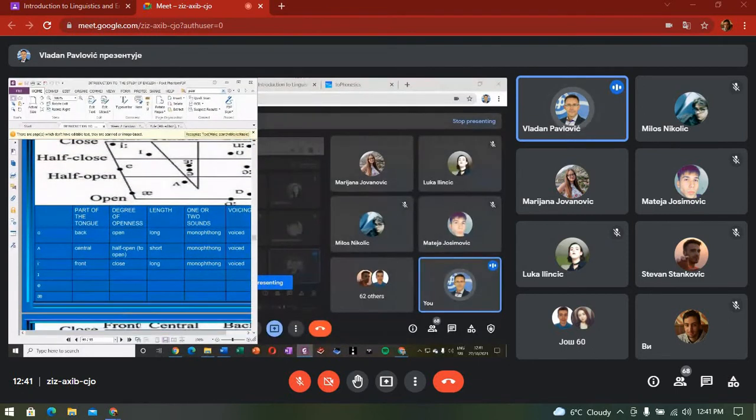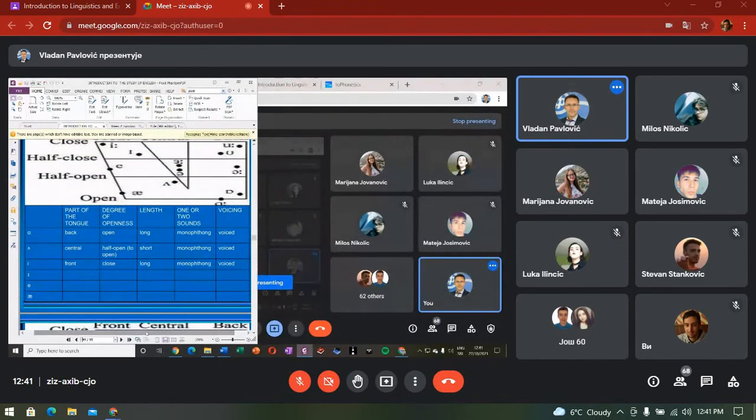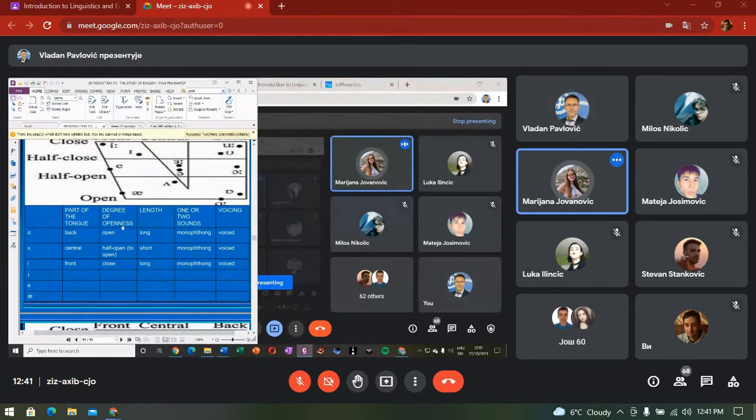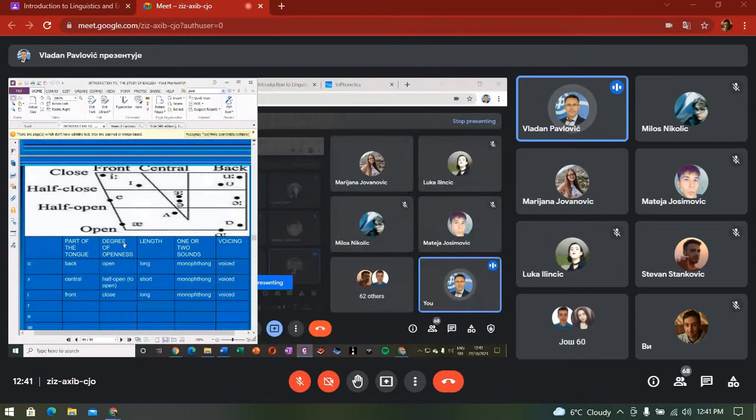It's all here in the slide, so I'm using this to help you. Also degree of openness of the mouth. So what are some of the quite open vowels, namely those vowels where the mouth is quite open? According to the diagram. Can we read the diagram? Well, which sound does the doctor tell us to pronounce when he or she wants to examine our throat?